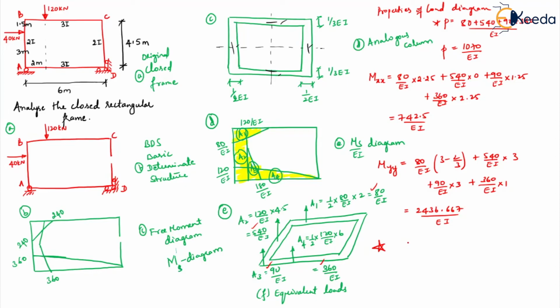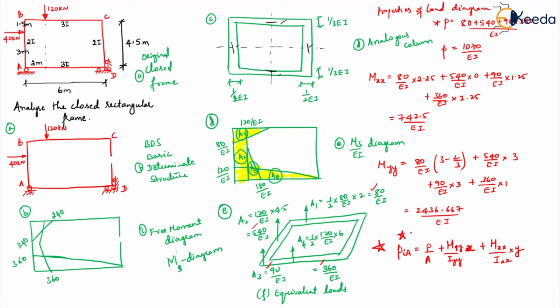So for that we need to use the formula. What is the formula? PIA. For example, if you are taking point A, it will be P by A, that's load by area, plus MYY by IYY into X plus MXX by IXX into Y.